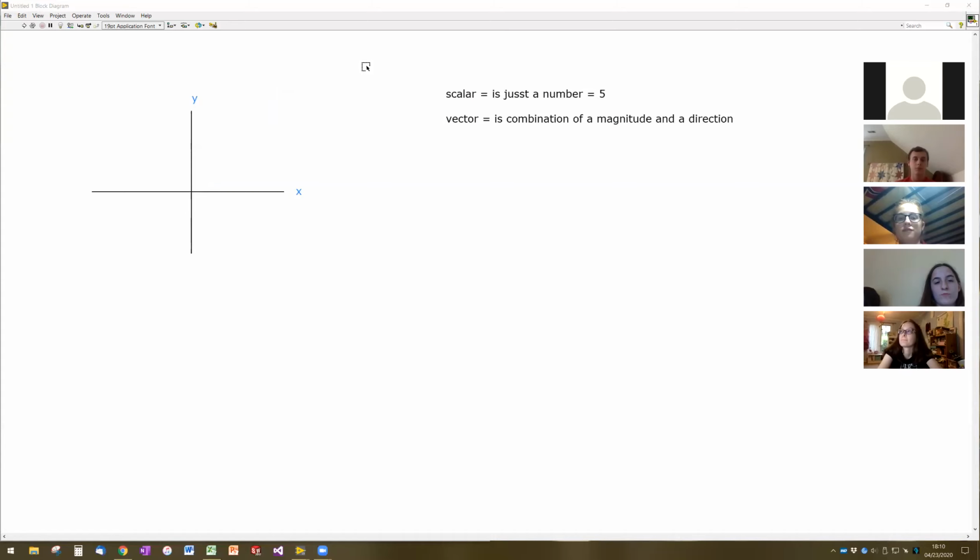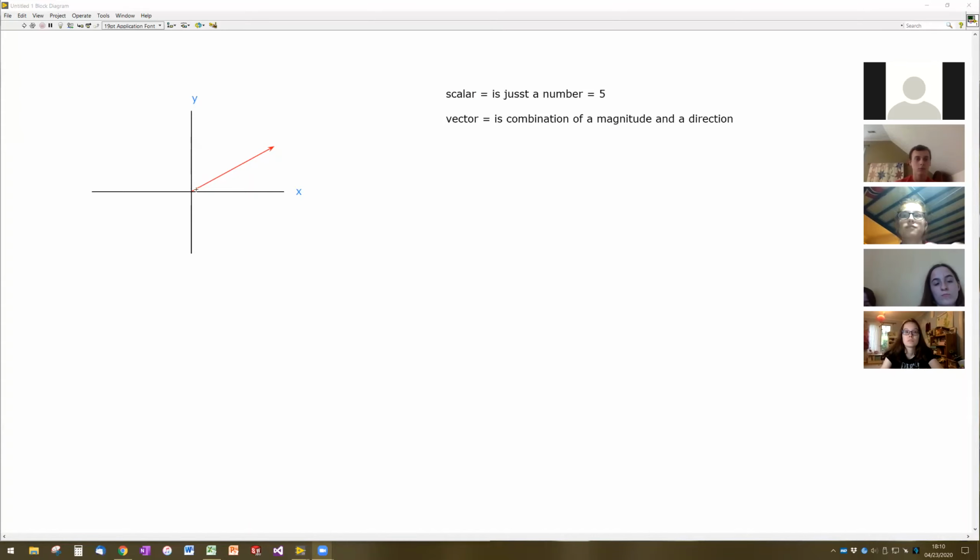One of the ways that you can describe a vector, and there are lots of different ways to write it, is with an arrow. Typically you see vectors drawn as arrows, because you've got to represent the magnitude and the direction. The direction is the direction of this arrow.